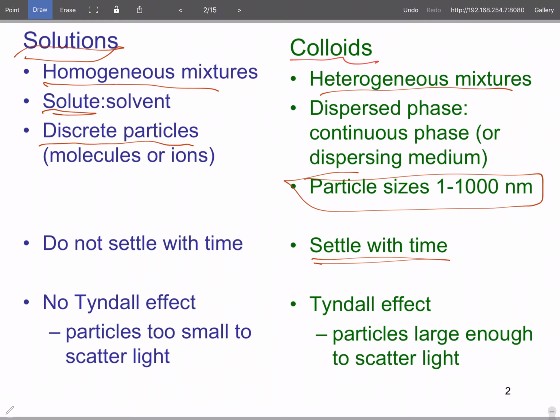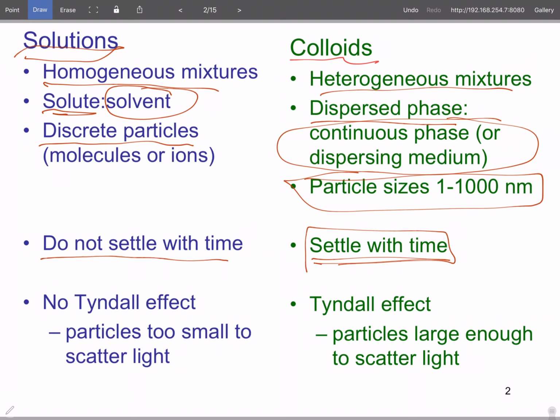So in a solution, we call the solute, the particle that dissolves, the dispersed phase. In solutions, it's a solvent, and in colloids, it's either a continuous phase or a dispersing medium, either one. Solutions don't settle with time, colloids settle with time.